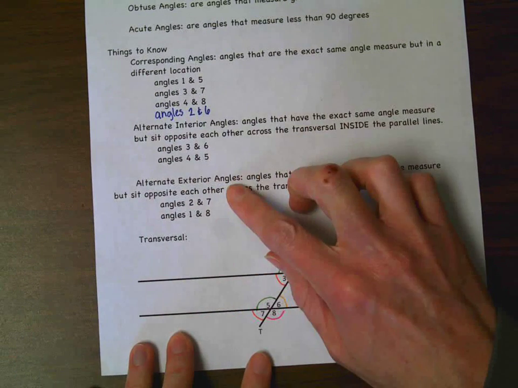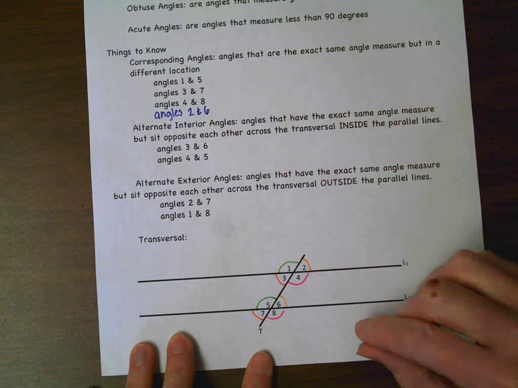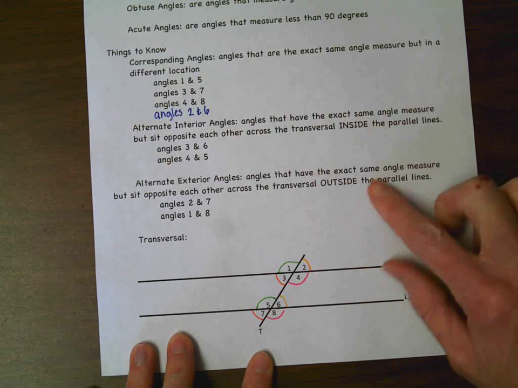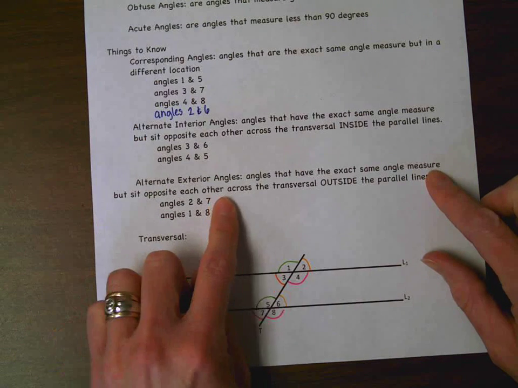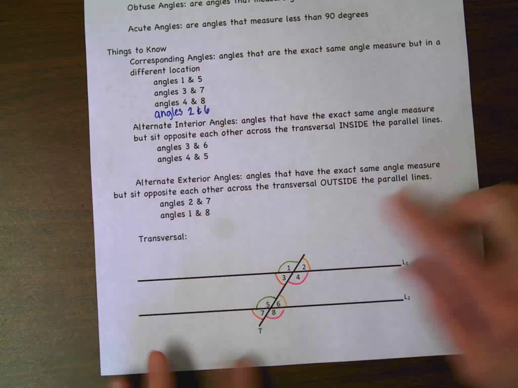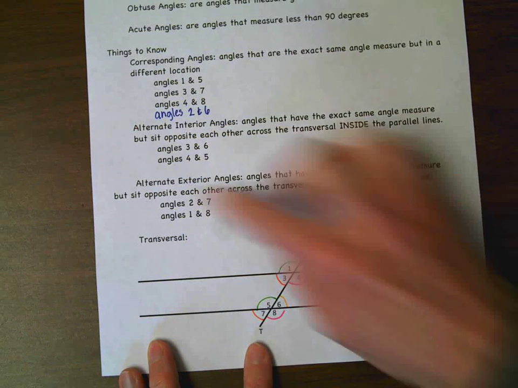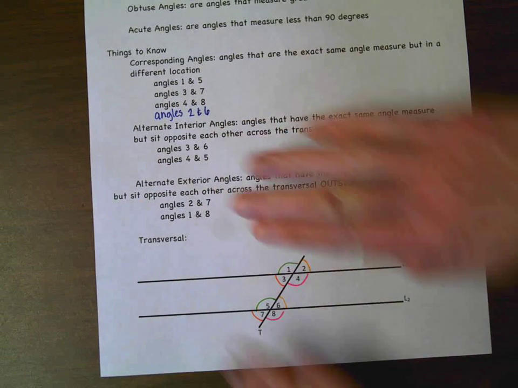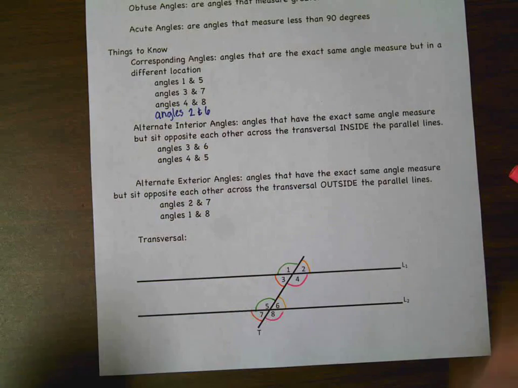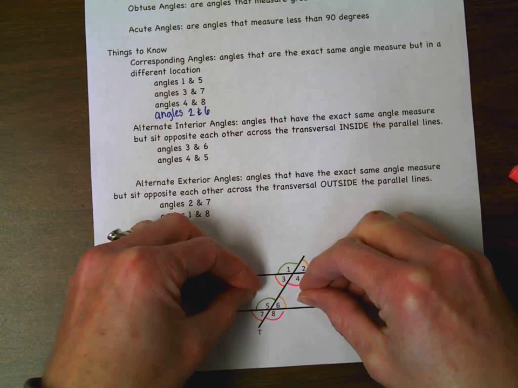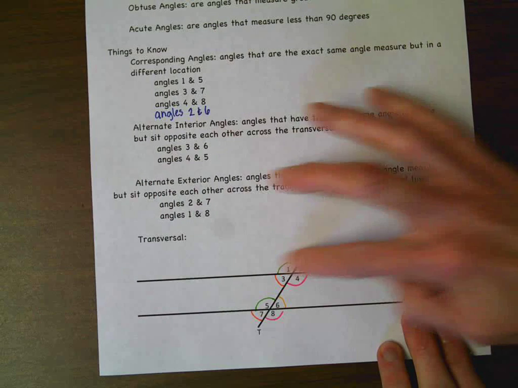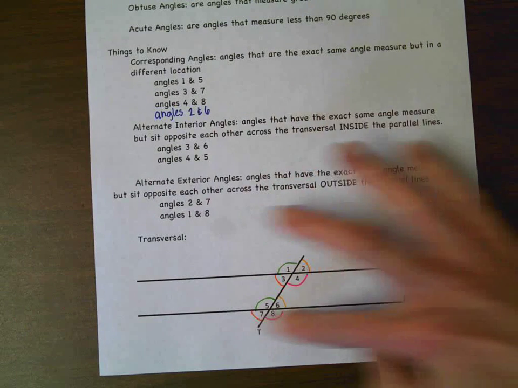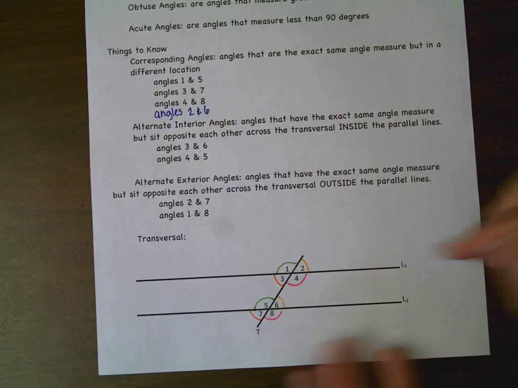The last one that I'm going to share with you is alternate exterior angles, and those are angles that have the exact same angle measure but sit opposite of each other across the transversal outside the parallel lines. So exterior means outside the parallel lines, interior means inside the parallel lines. So when you're looking for exterior, you're focusing on the angles on the top and on the bottom, and that's it.